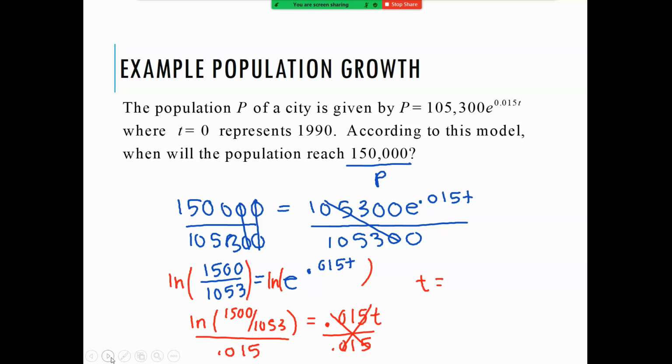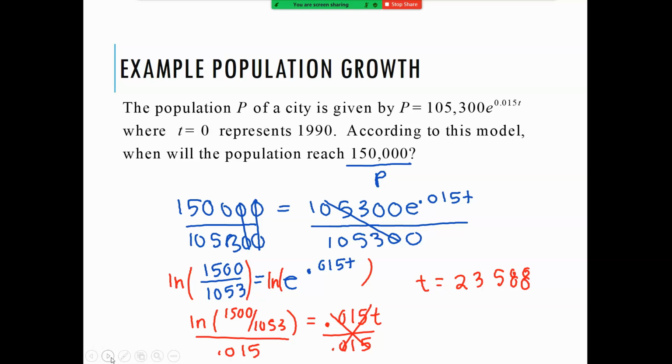So natural log of 1500 over 1053 divided by 0.015 is 23.588, which means that the population will be 150,000 23 years after 1990.